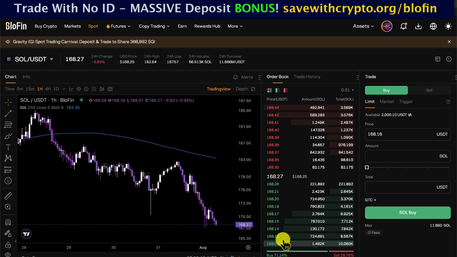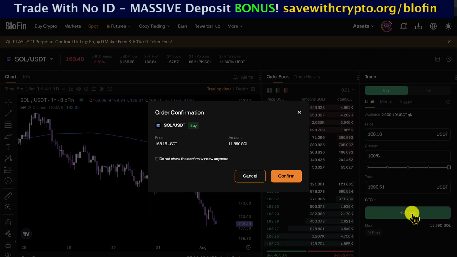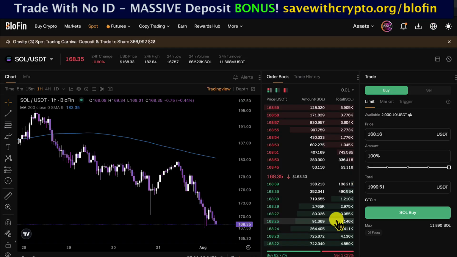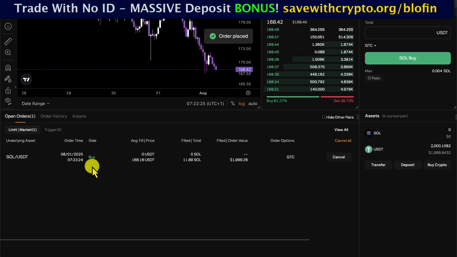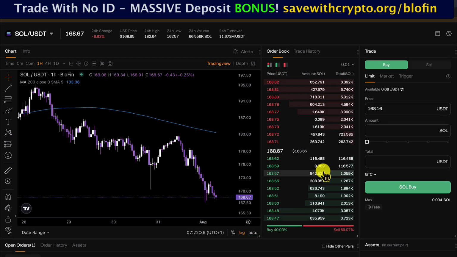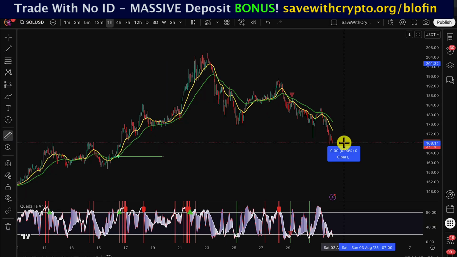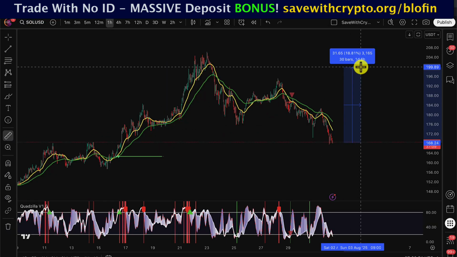Just going to choose a price out of the order book, put that on full, so that's going to buy 11.8 Solana. Okay, so that order's set there. So if the price comes down there, I'm going to buy some Solana, which I think is a fairly safe thing to do at the moment. I can see us going back up to 200 certainly. And obviously if we did that, I get 18% increase.